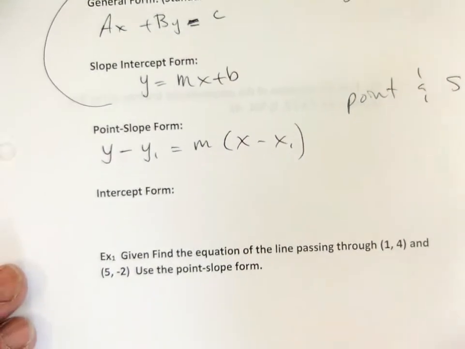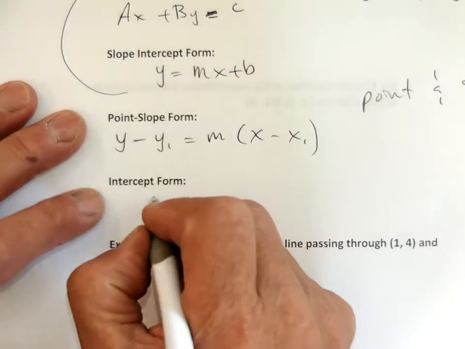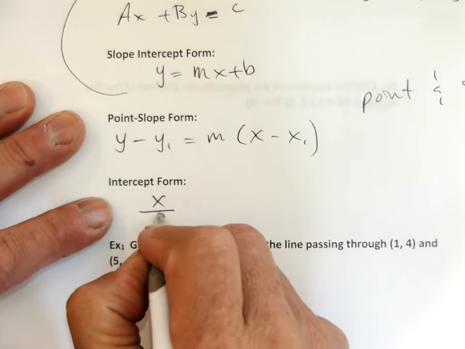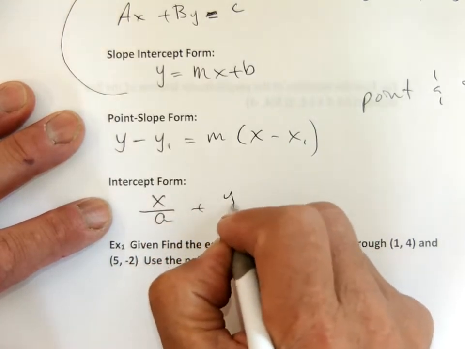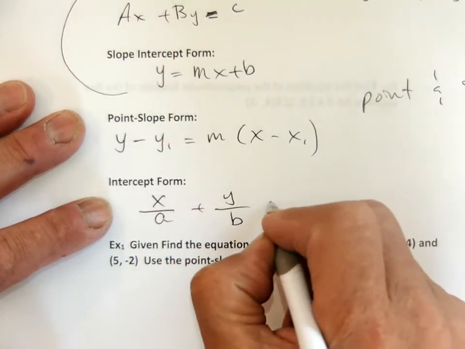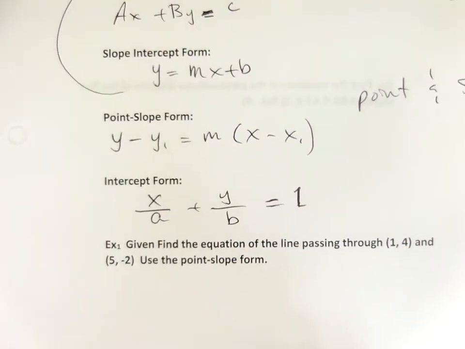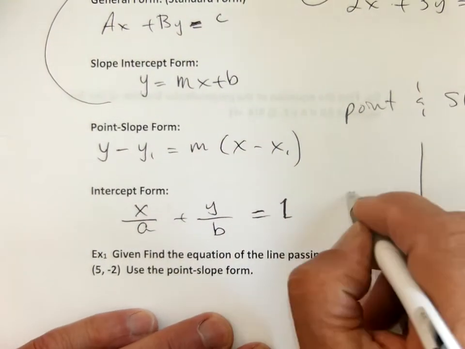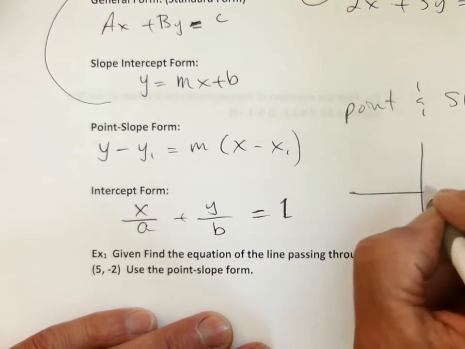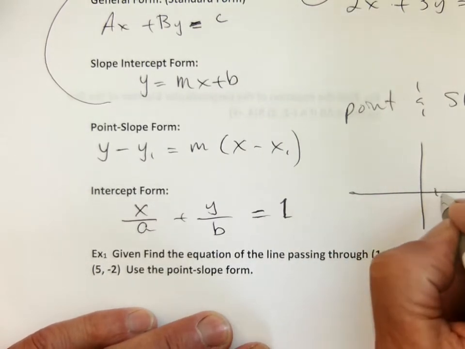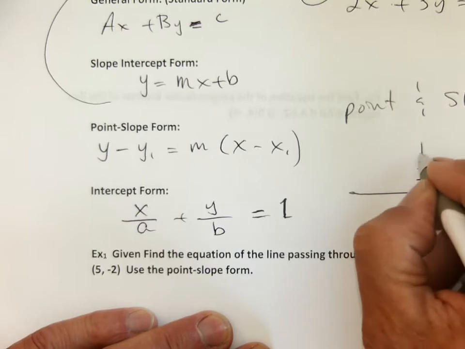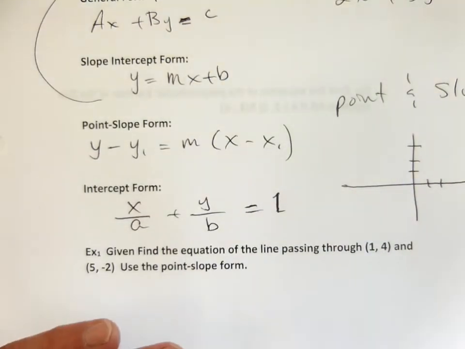Intercept formula is really weird. I don't use it very often, but it is like x over a plus y over b equals 1. It equals 1. Always equals 1. I'll give you an example of this. I'll show you how it can be used.